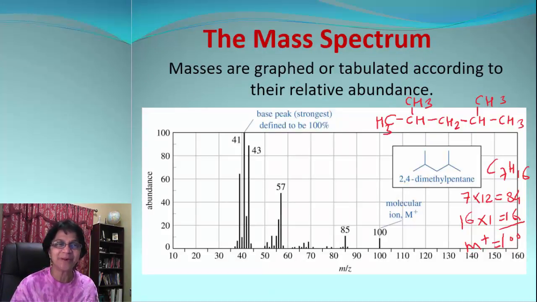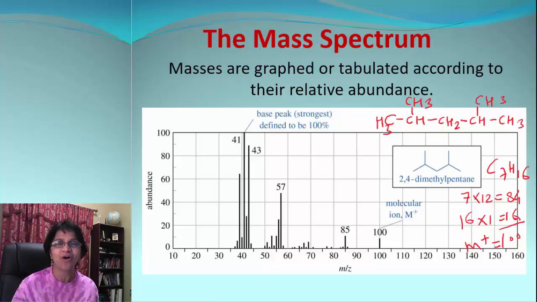So here is an example of a mass spectrum. And the compound which is given to us is 2,4-dimethyl pentane. Just to understand the structure properly, if you write down all carbons and hydrogens, the structure will be like this.